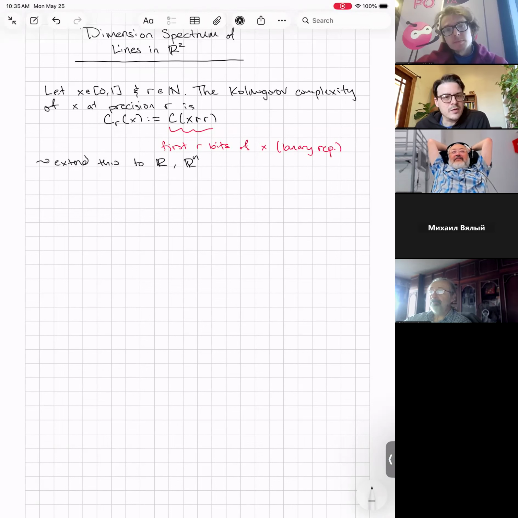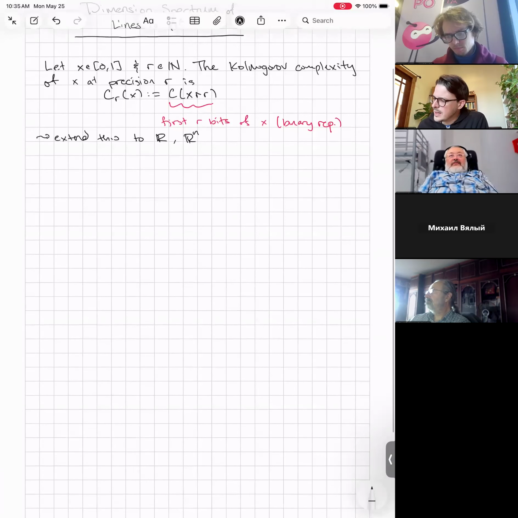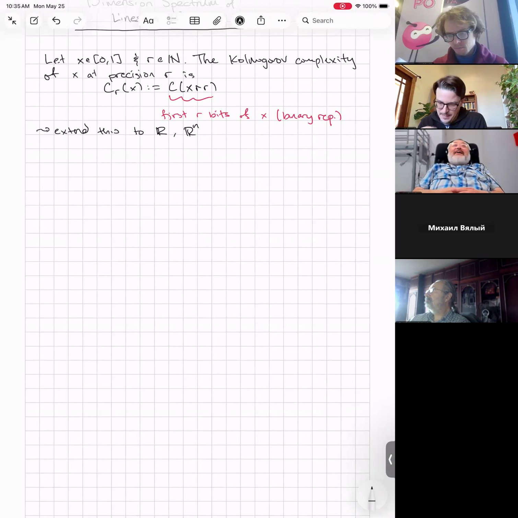For a point in R that's not necessarily in [0, 1], you just have to give a finite number of bits saying how big the magnitude of x is, and then give the binary representation. For Rn, you have n-tuples of these things. I don't want to spend too much time, but if anybody has any questions, feel free to stop me. No, I guess this should be clear.